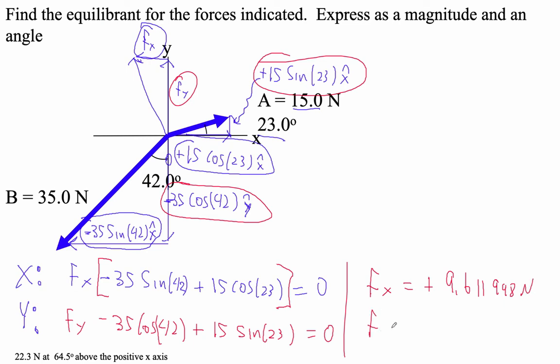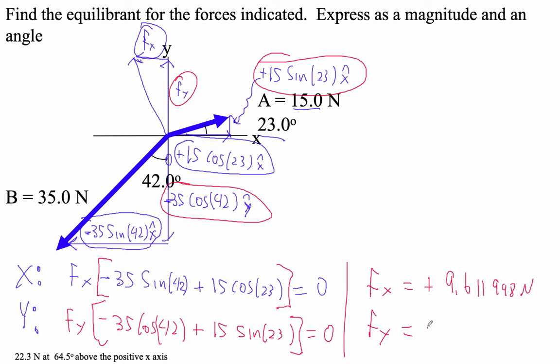And then the y component is going to be the opposite of whatever's in these brackets. So the opposite of parentheses, negative 35 cos 42 plus 15 sine 23, and then 20.149.